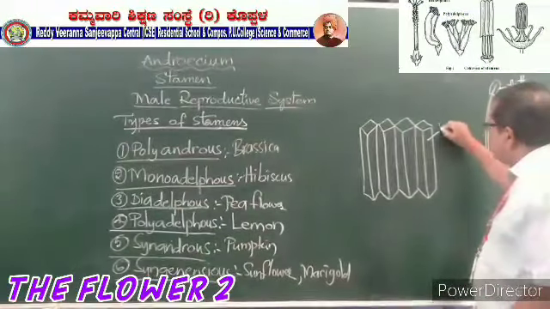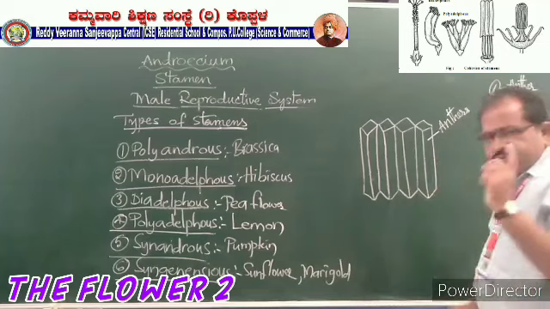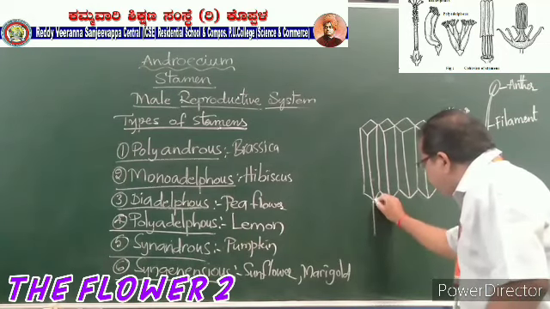All the anthers are fused together. These are the anthers. All the anthers are fused together, but the filaments are free.